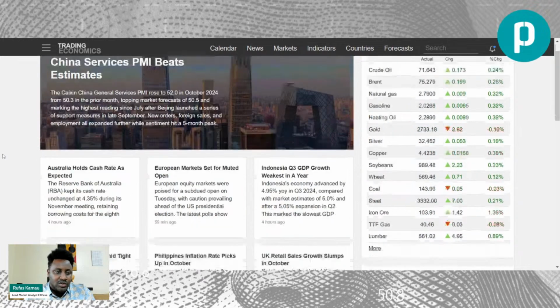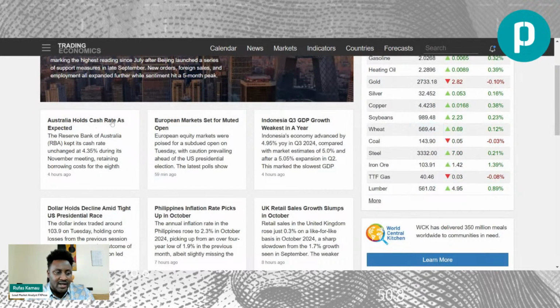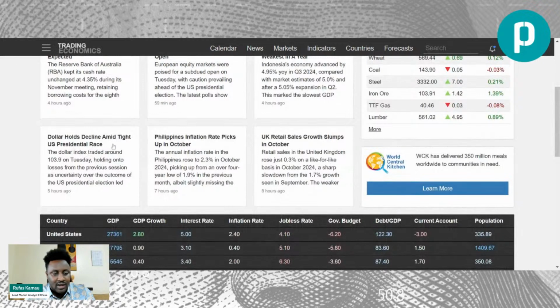So other news, Australia holds cash rate as expected, European markets set for muted open, Indonesia Q3 GDP growth weakest in a year, dollar holds decline amid tight US presidential election race, Philippines inflation rate picks up in October to 2.3%, up from the previous reading of 1.9%.